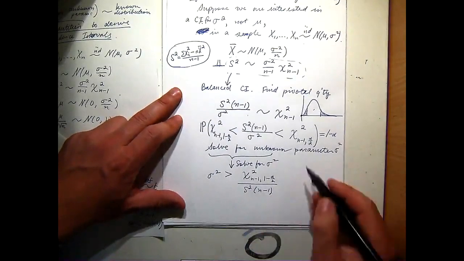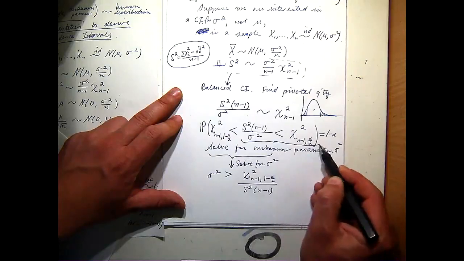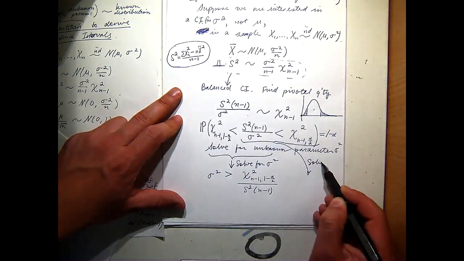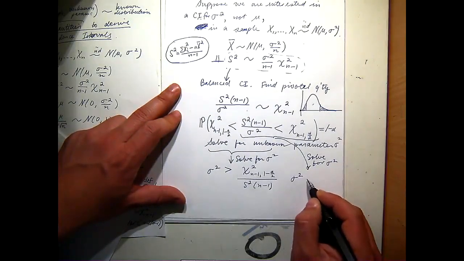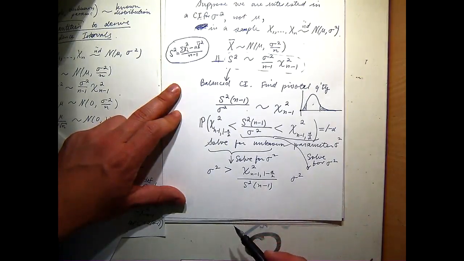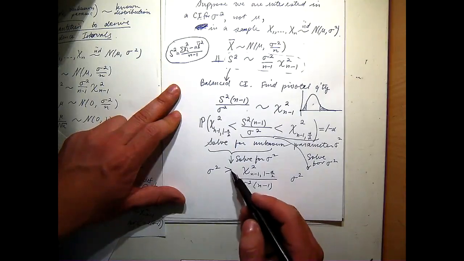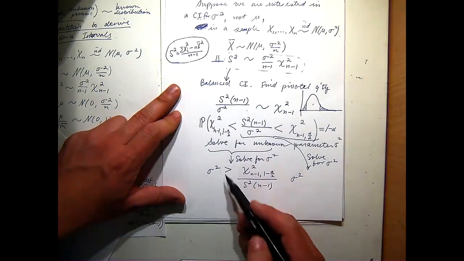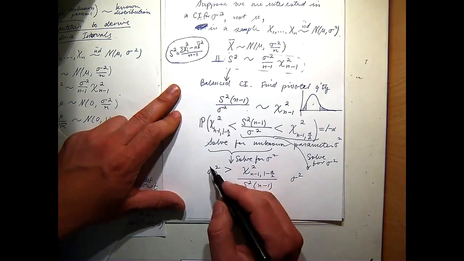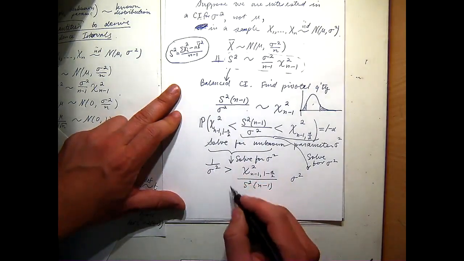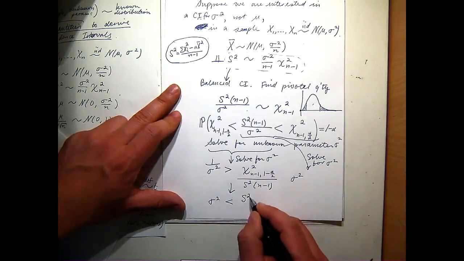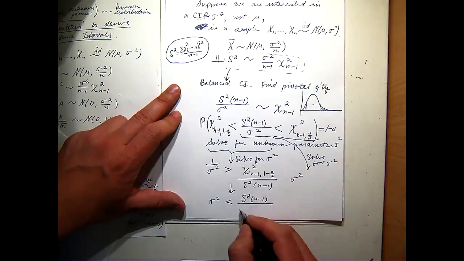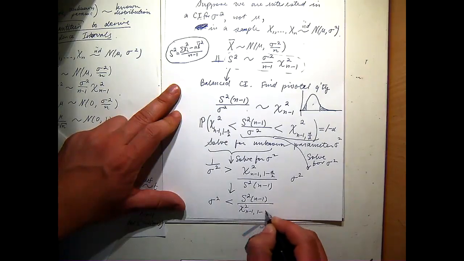Then separately, I'd have to take this inequality and solve that one for sigma squared. I've done something wrong already. Yeah, so this one was wrong. That was 1 over sigma squared greater than that. Forgive me. So just two steps. That means sigma squared is less than, if I take reciprocals of both sides, s squared times n minus 1 divided by the quantile chi-squared n minus 1, 1 minus alpha over 2.